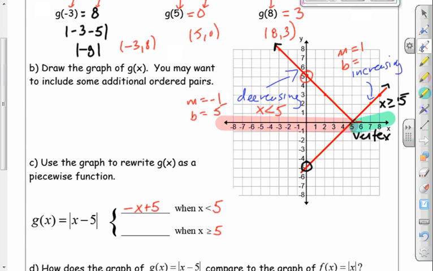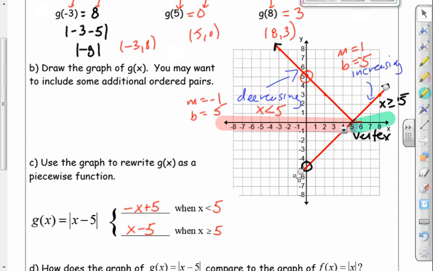So on the increasing part of the graph, the slope is 1, y-intercept is -5. So our rule would be x minus 5 when x is greater than or equal to 5.